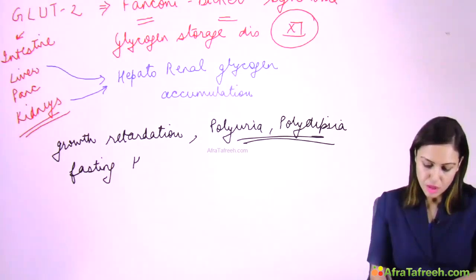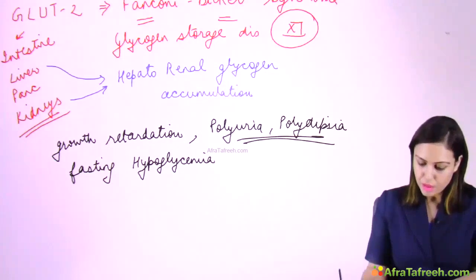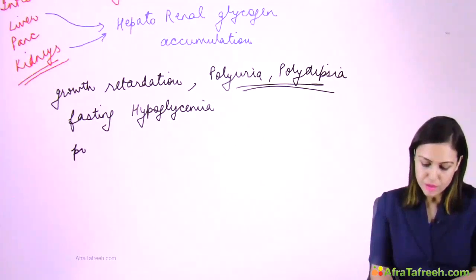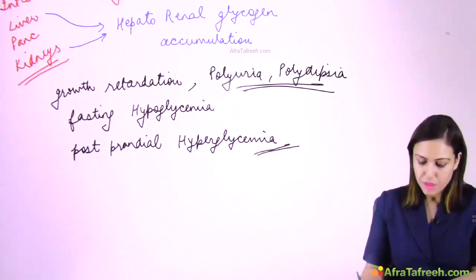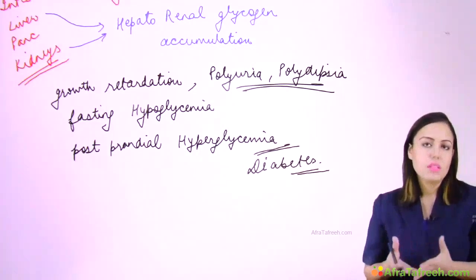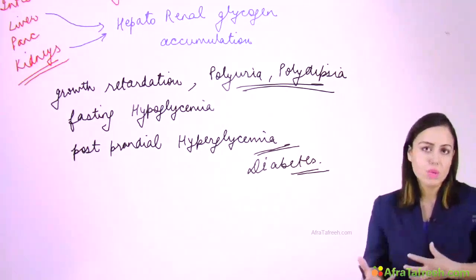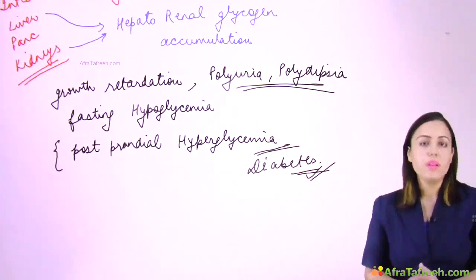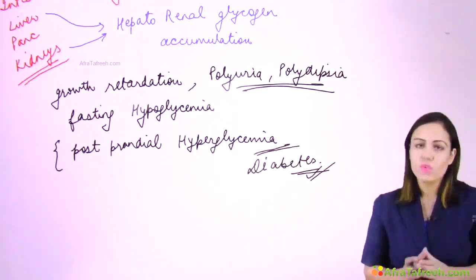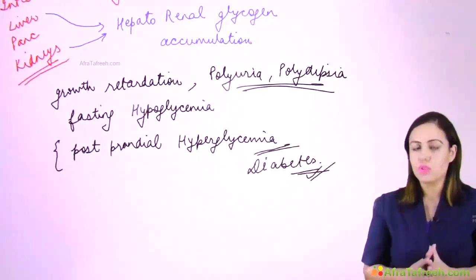These patients have fasting hypoglycemia, but postprandial hyperglycemia resembling diabetes. So a mutation in GLUT2 can lead to a situation like diabetes. So these patients have postprandial hyperglycemia. Okay, so we have done these 3 mutations which you have to learn.